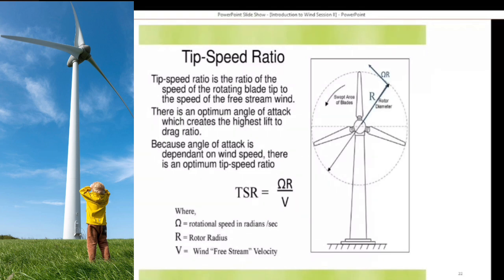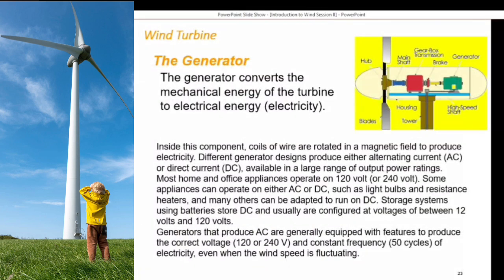And the more the frequency increases, the more it affects the output. So the rotational speed over the wind velocity determines the tip speed ratio. Those are just recalling the previous.